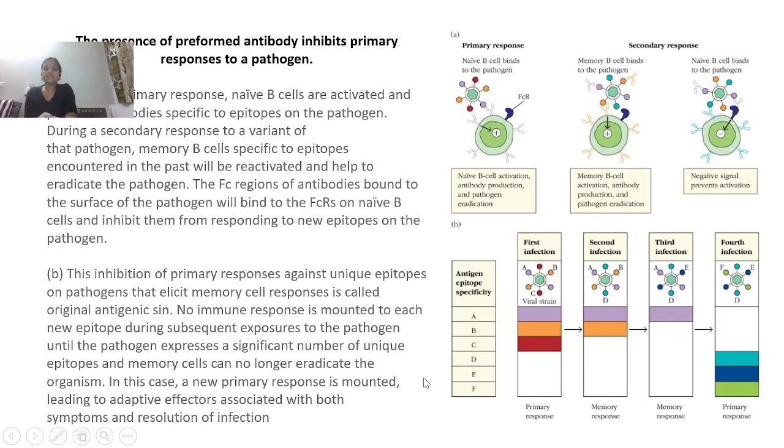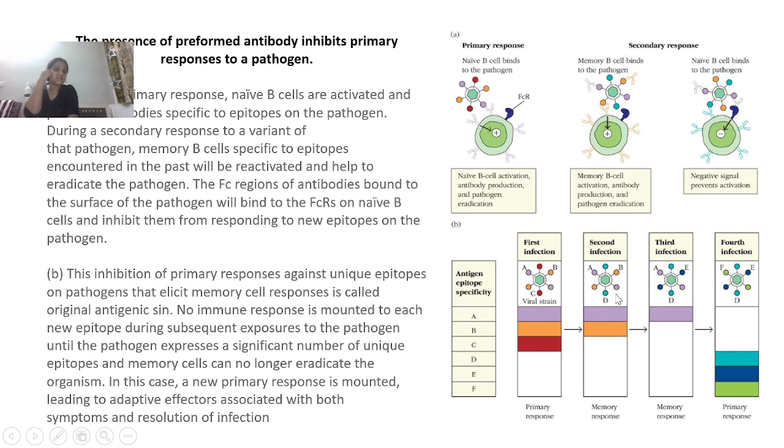For example, here you can see antigen epitope specificity. There are different types of epitopes: A, B, C, D, E, F. In the first infection, there is a primary response. Here you can see A, B, C are there; three types of antigens. But in the second infection, only C is changed.